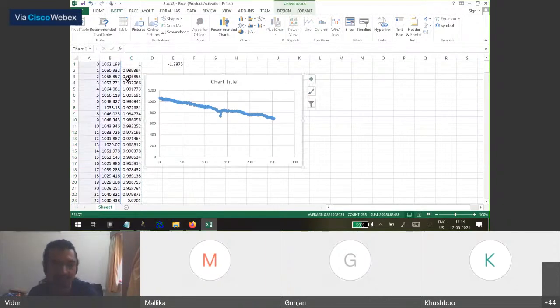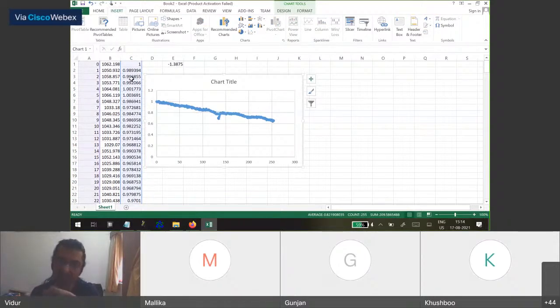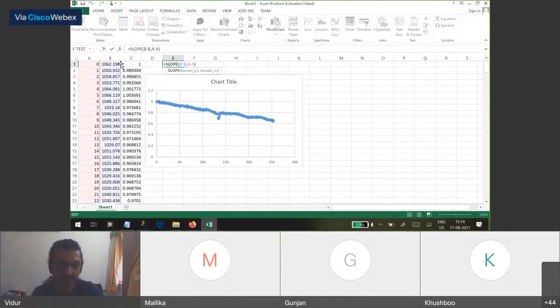And if you just plot this intensity, which is normalized from 0 to 1, with time, now you can get a slope which is normalized from 0 to 1.